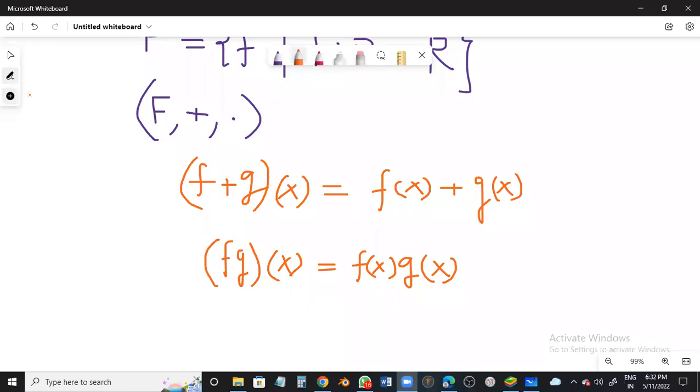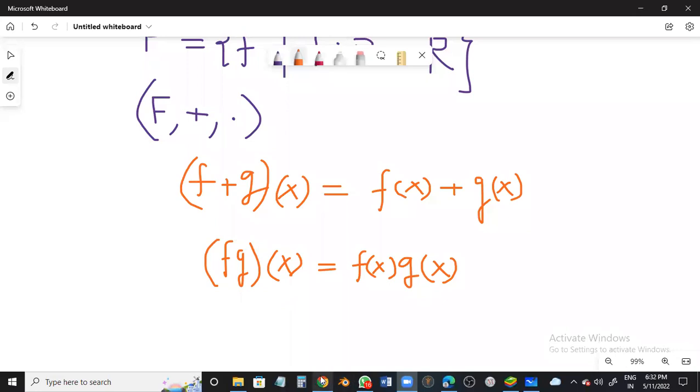So we know that F with addition forms an abelian group, and this kind of definition of multiplication of functions is binary as well as associative, and the output is the product of real numbers, so it is distributive even from the left side as well as from the right side.